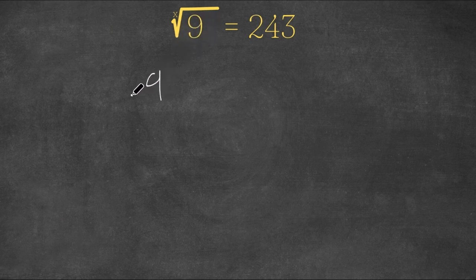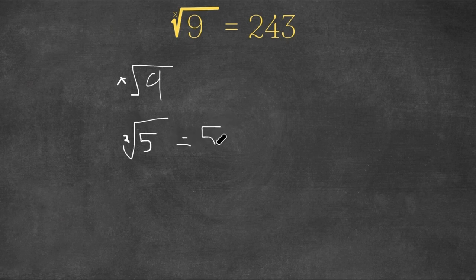So we have the x root of 9, right? Well, remember, let's say we have the second root of 5. This is the same thing as 5 to the power of 1/2, right? And let's say we have the 12th root of 9.